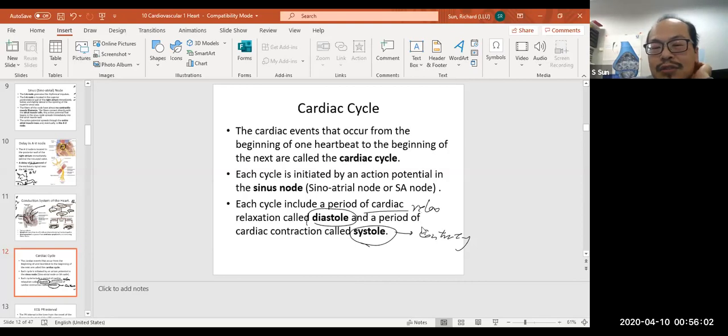And this one is basically driven by the SA node. So when the SA sends signal to the AV, during this time the atrium contracts, then the AV, bundle of His, to Purkinje fibers. And here is the contraction of the ventricle. So here we have atrium contraction, ventricle contraction. All these are driven by the SA node.